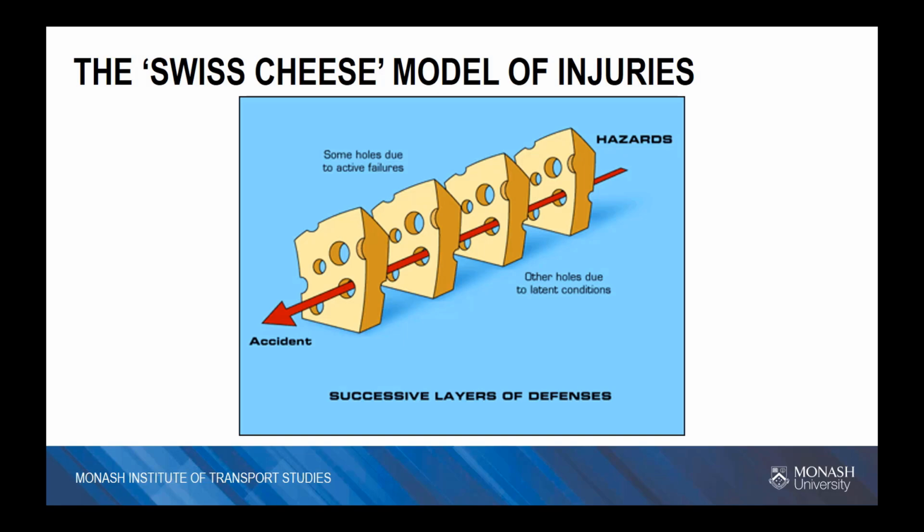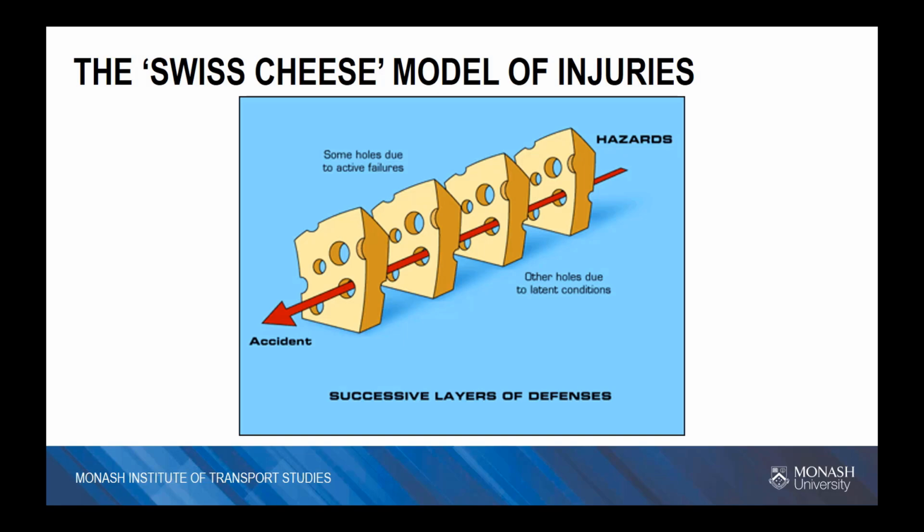And Reason simplified this theory into a diagrammatic representation where the system is considered as a stack of slices of Swiss cheese. Looking at the slices of Swiss cheese, the slices represent barriers, while the holes in the cheese represent opportunities for failure in the system.